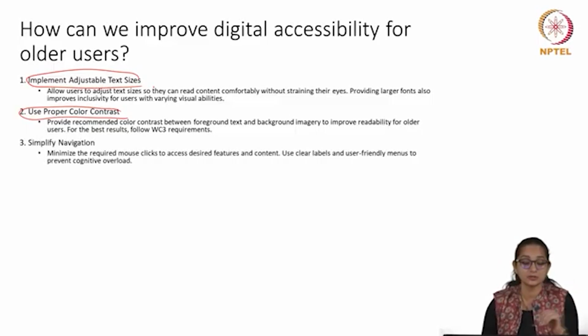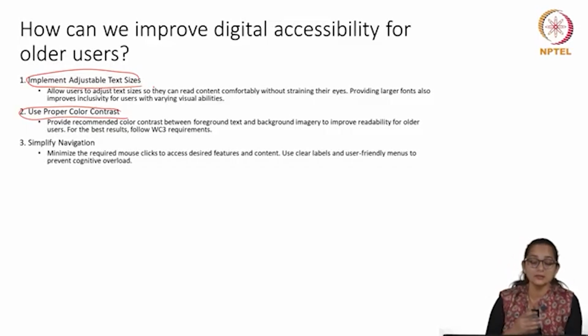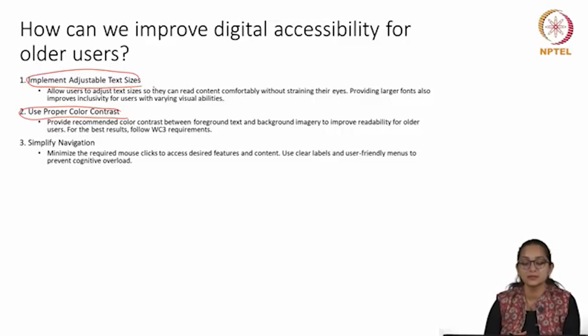Simplify navigation. Minimize the required number of mouse clicks to access desired features. We have seen that with the double click feature, many a time people fail to use it because the double click has to happen very quickly. For example, I have seen my mother struggling to open a file.